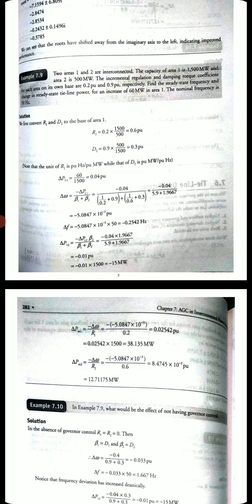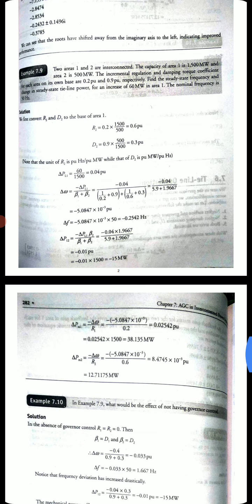Okay, so delta PL1 is given as a 60 megawatt increase. Over 1500 base, a change of 60 megawatt gives delta PL1 equal to 0.04 per unit. Now delta omega is given by minus delta PL1, as you know, divided by beta 1 plus beta 2. We will write all these things: delta PL1 is minus 0.04, beta 1 is equal to 1 over R1 plus D1.